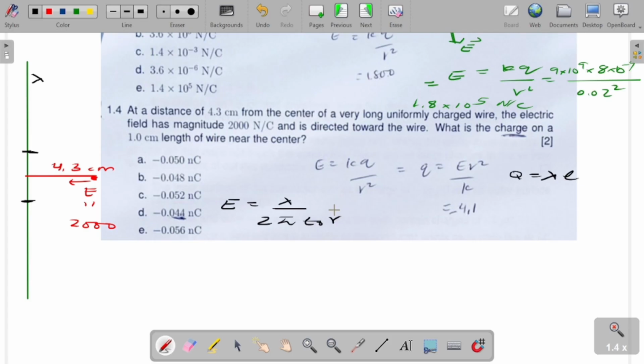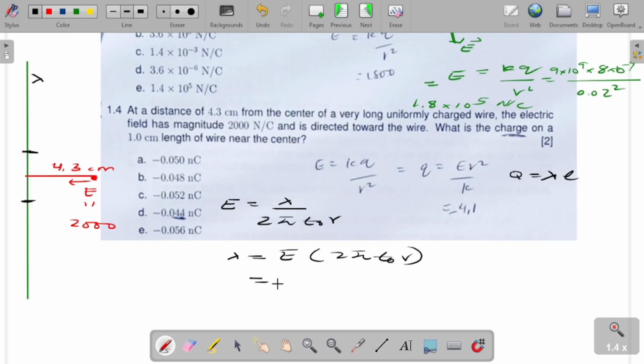So we have these quantities, and what we are looking for is this lambda here. Let's make lambda the subject of the formula by multiplying by our denominator on the left. We will have 2 pi epsilon naught r.